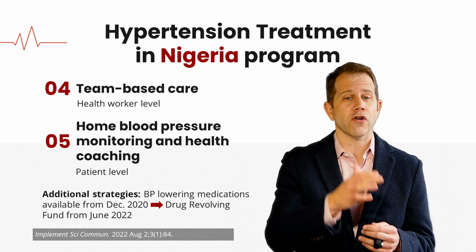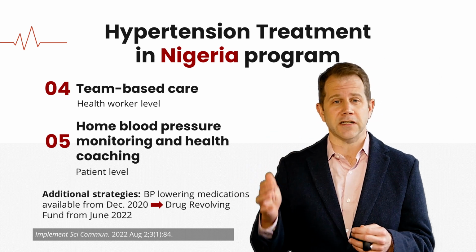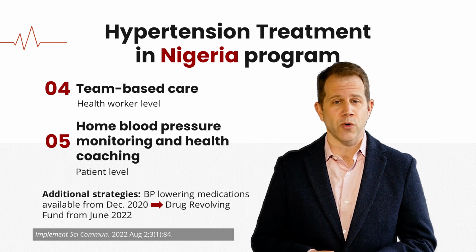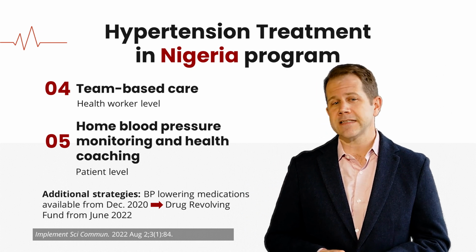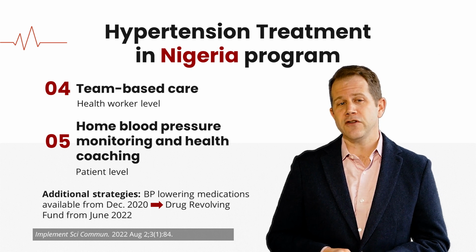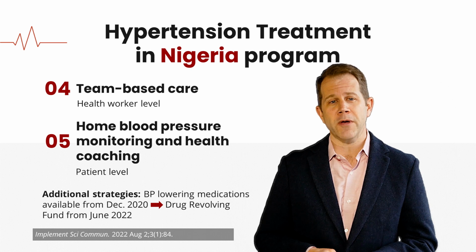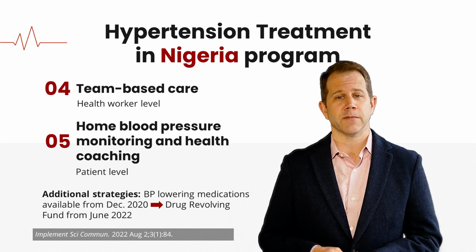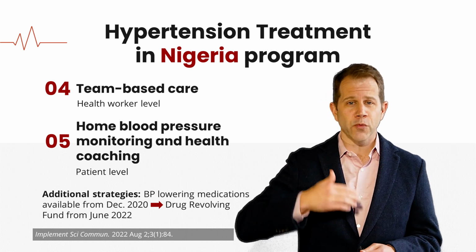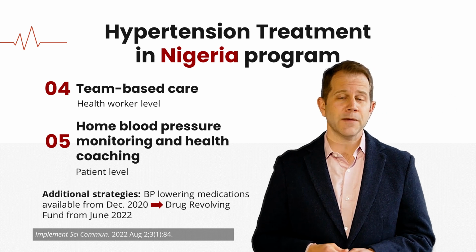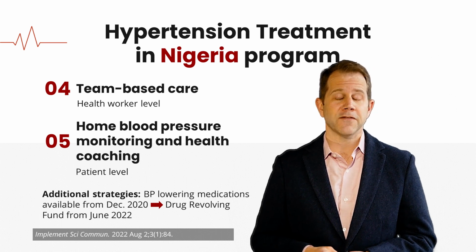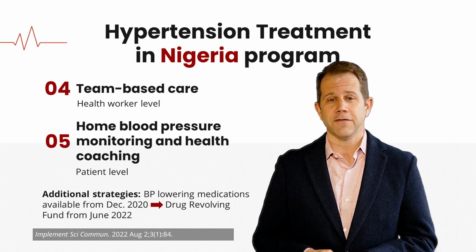And then every quarter, our team goes back to the health facility to provide ongoing supportive supervision. Lastly, for patients who continue to have uncontrolled high blood pressure despite receiving treatment at primary care facilities, home blood pressure monitoring and health coaching from a health worker visiting them in their home is a patient-level intervention that is found to be effective and safe.